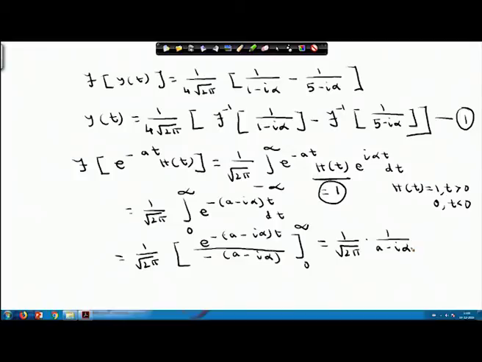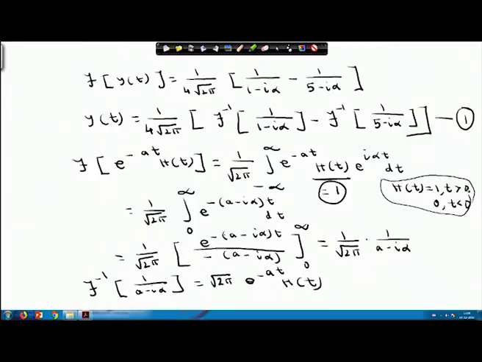So once I have obtained this Fourier transform of e^(-at) h(t), which is 1 by root 2π into 1 by (a - iα), from here you can write the inverse Fourier transform of 1 by (a - iα) as root over 2 by π e^(-at) h(t), where h(t) has been defined above.